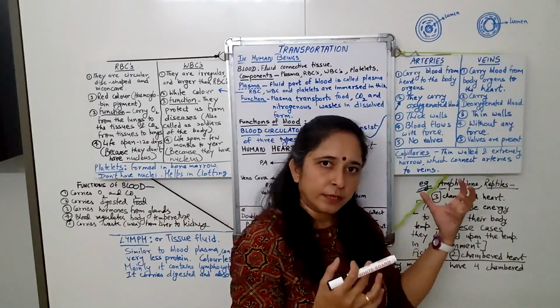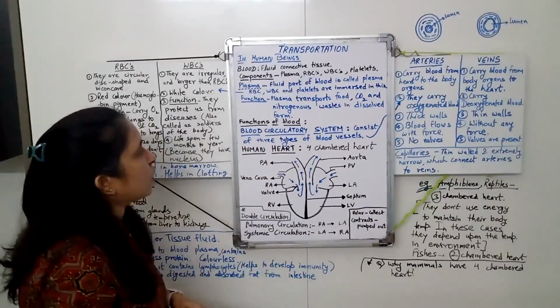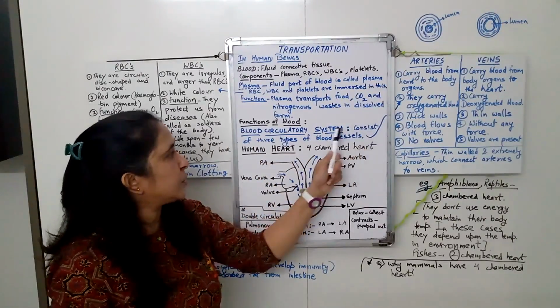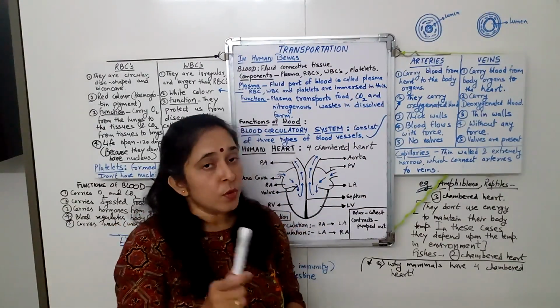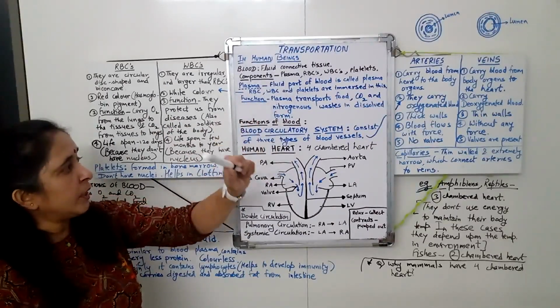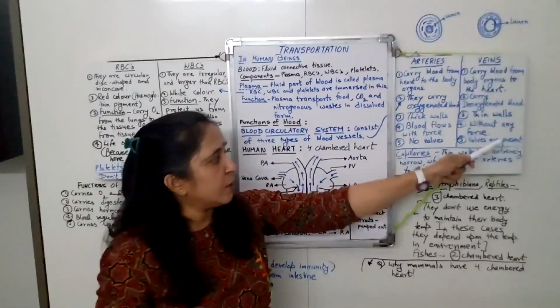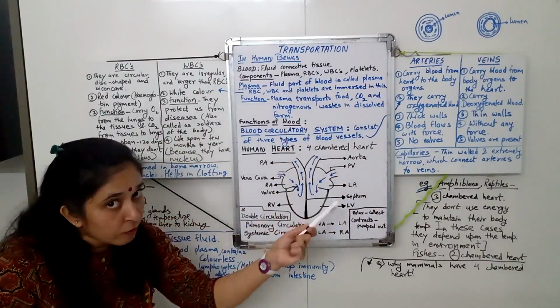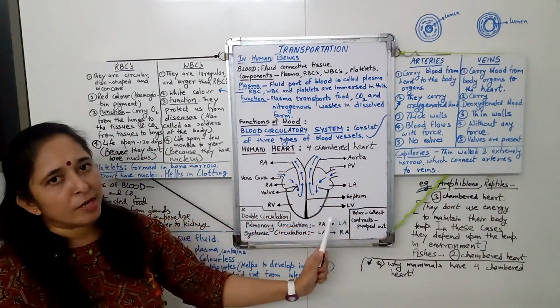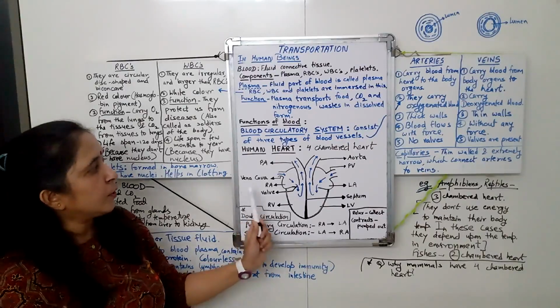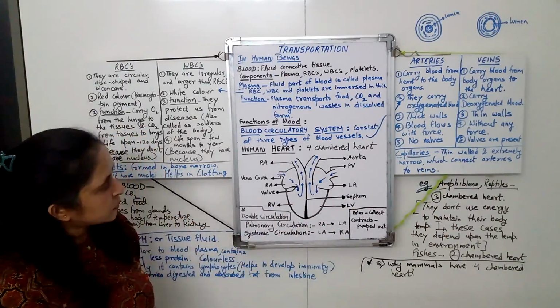That is called the capillaries. So this is all about the blood circulatory system, which consists of three types of blood vessels. We have already discussed the components, then the types of blood vessels that are involved in the human heart circulatory system.